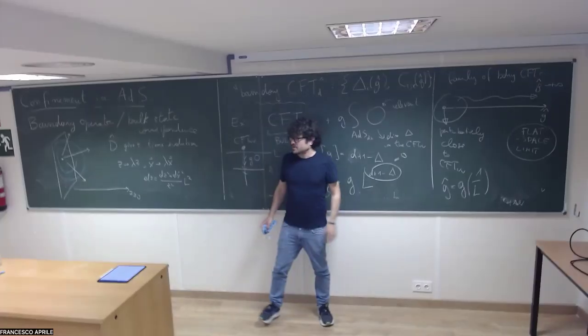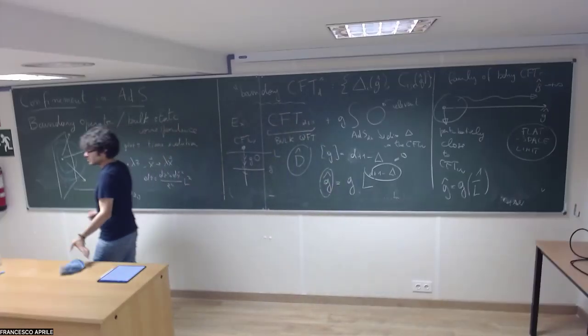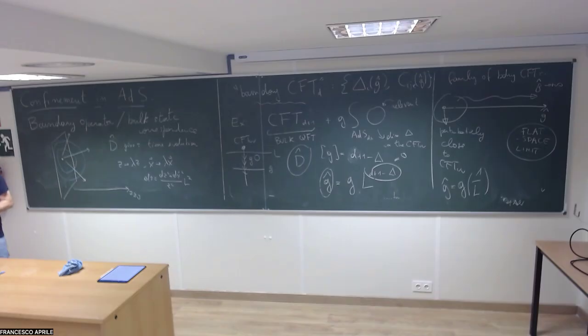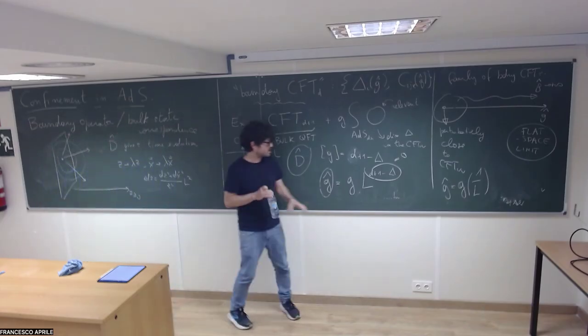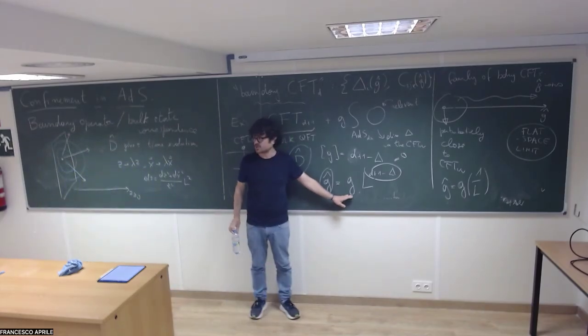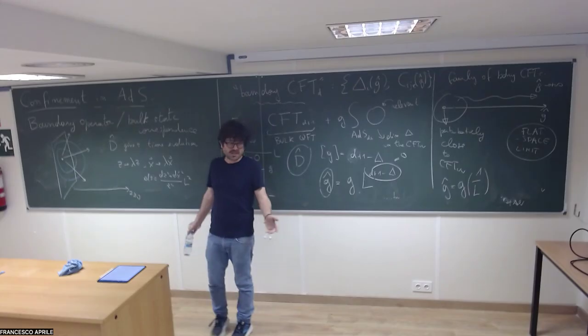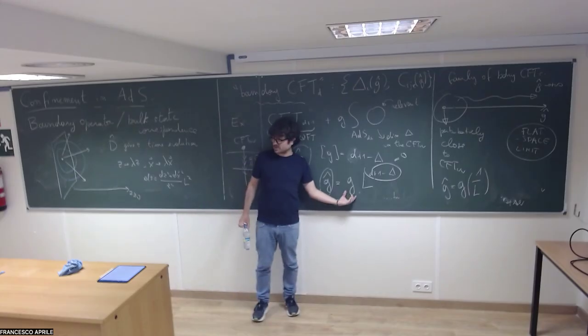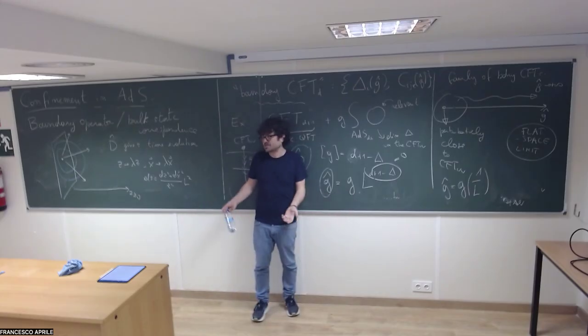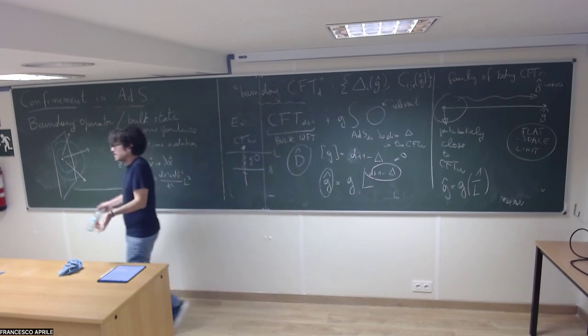Sorry, another question. When you scale G out, you think that you are keeping G fixed? Yes, that's more or less what I was saying. If it's strongly relevant, usually we think about it as fixed. If I have something which is super-renormalizable, it's going to have some scale, and the scale is fixed.